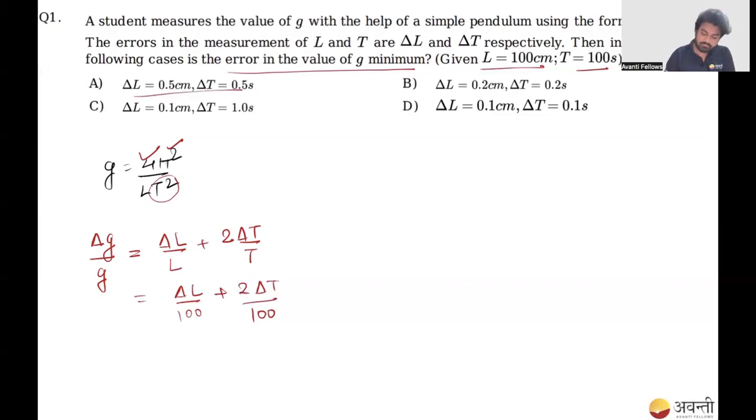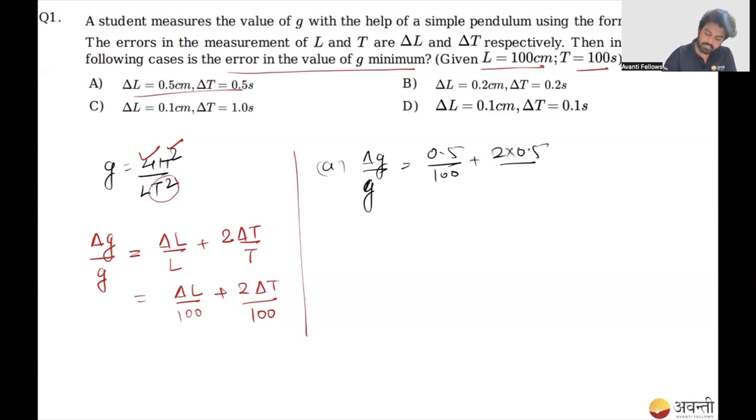When I put 0.5 in place of delta L, for example, if I try here the first option, option A, so change in g is equal to change in L is 0.5 upon 100 plus 2 into 0.5 upon 100.